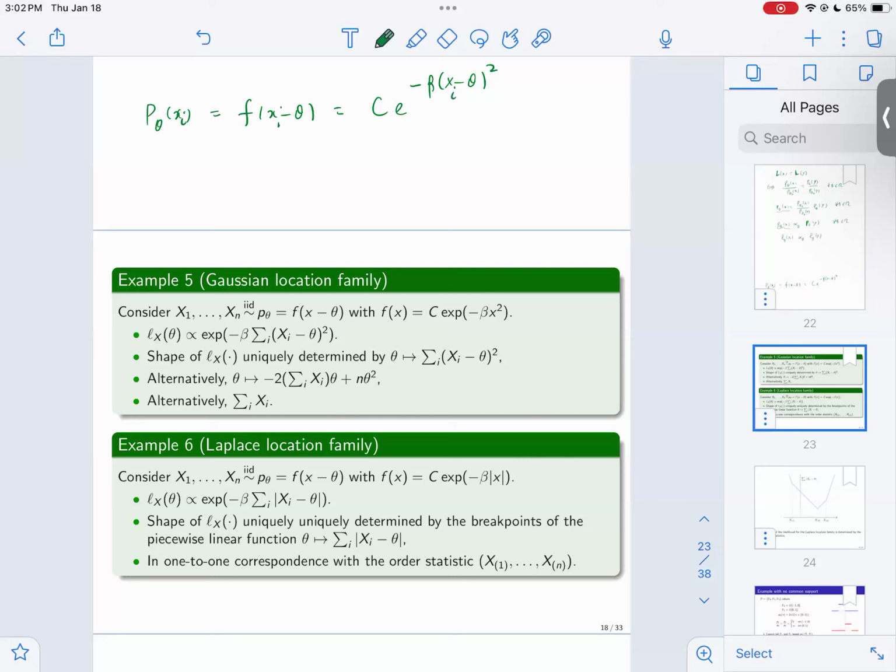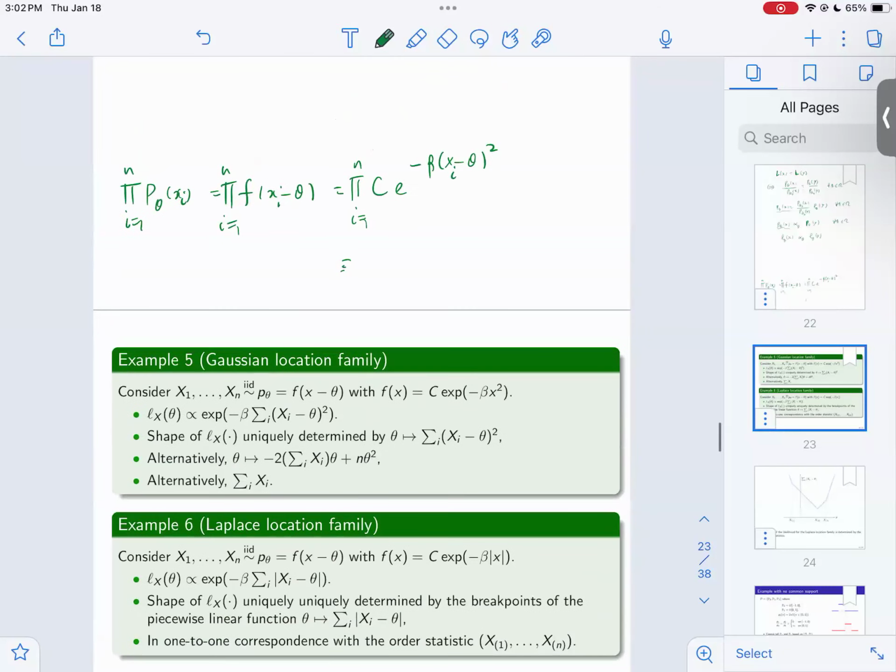And then I have to take a product because I'm looking at the joint. So I get this, i from 1 to n. So P theta of x, which is all the x's, is equal to c to the n e to the negative beta summation of (xi minus theta) squared.